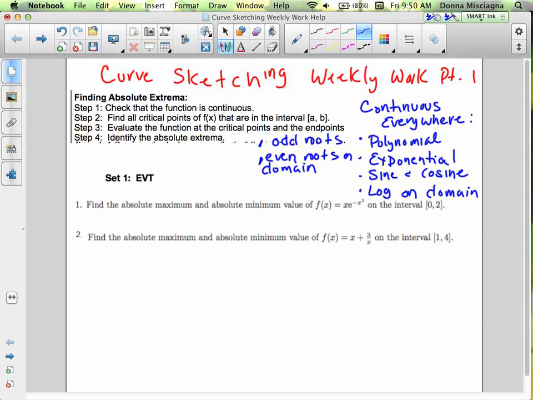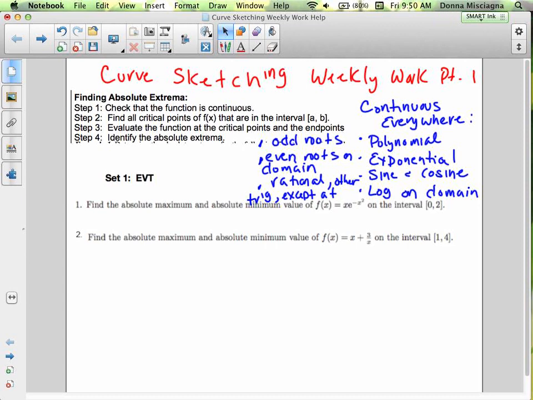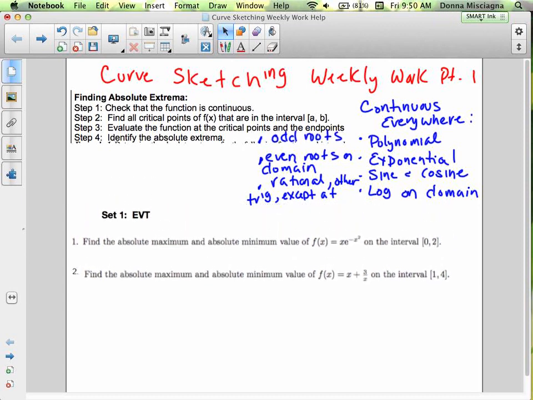And then rational and the other trig functions, except at points of discontinuity and asymptotes.